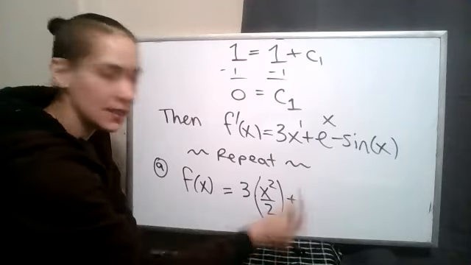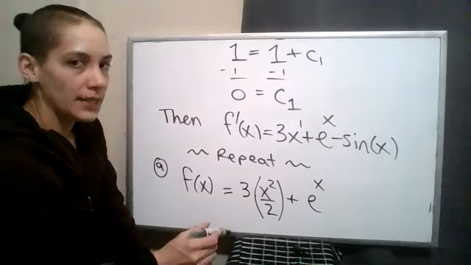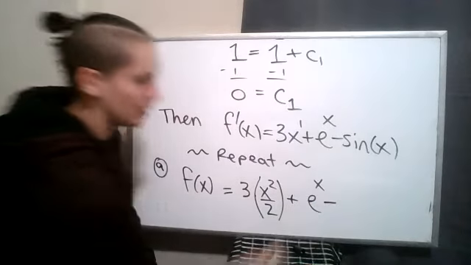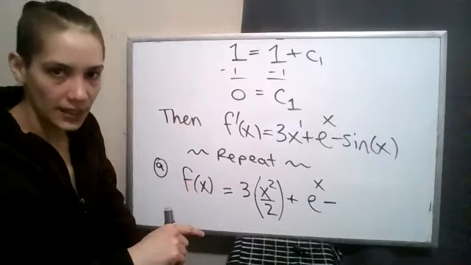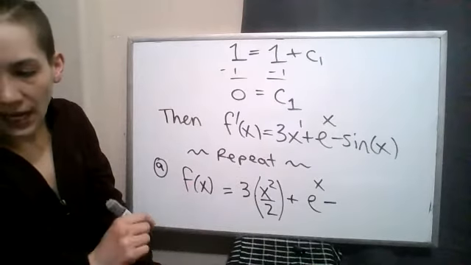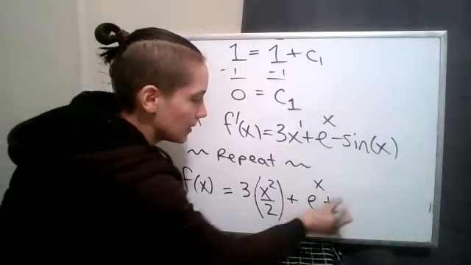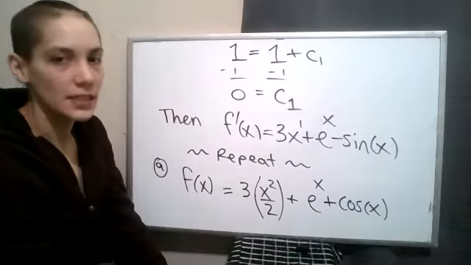The antiderivative of e to the x is e to the x. Minus the antiderivative of sine, which is a negative cosine of x, so we're going to add cosine of x. Add some constant we're going to call c sub 2.